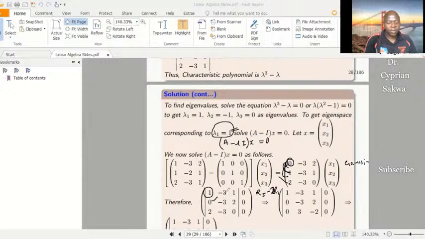This times 2, I have -6. From -3 I have 3. And this times 2 is 2. From this I have -2. Then next, I want to use this to create a 0. So what you notice is that I just want to take row 3 plus row 2. Then I have a 0 in this position.